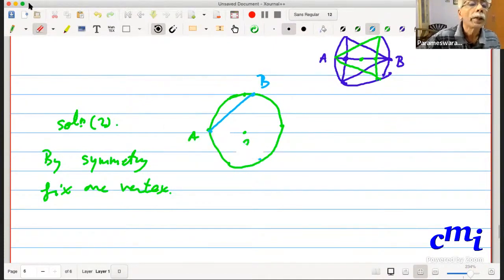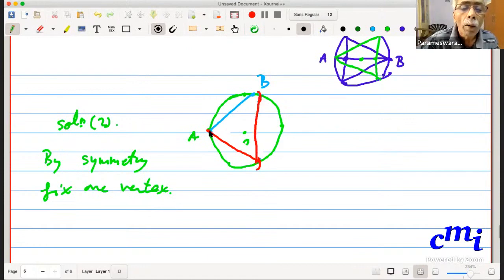The equilateral triangle with A as a vertex will cut this into 3 equal chords. So here, and A itself. So this one is my equilateral triangle. It doesn't look quite equilateral, but anyway.